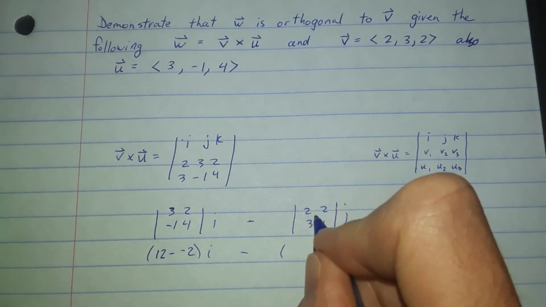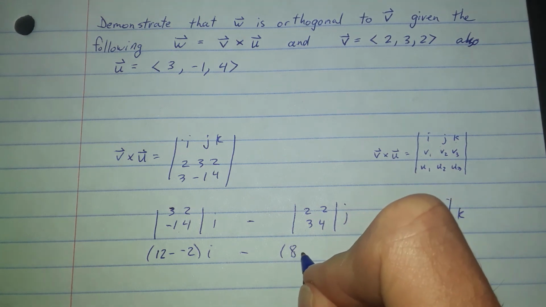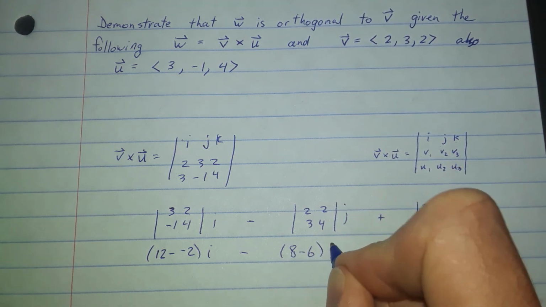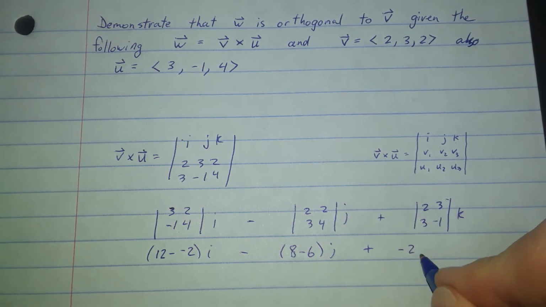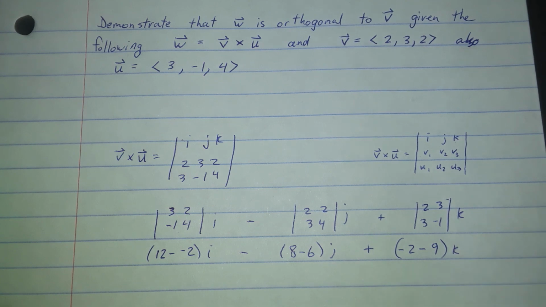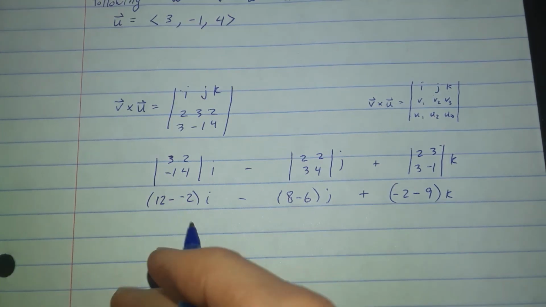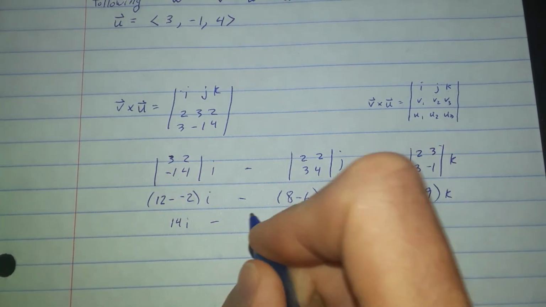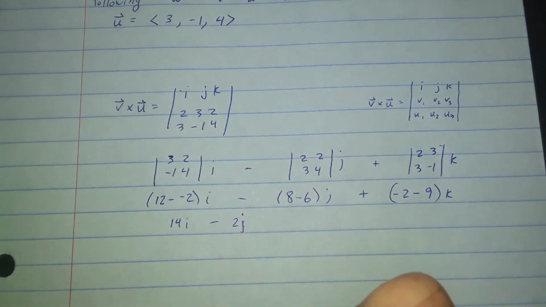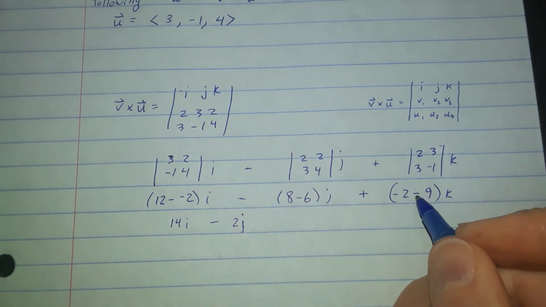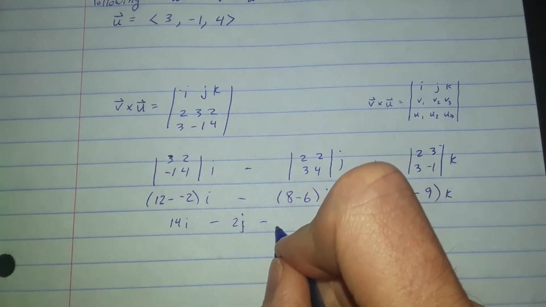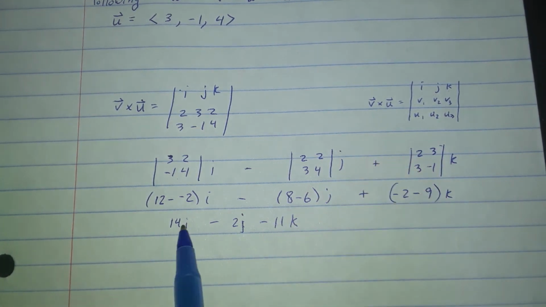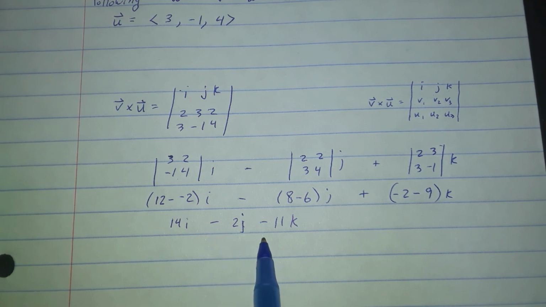And then we're going to look at 2 times 4 is 8, minus 6, j, negative 2, minus 9 is k. So now I have 12 plus 2 is 14, 8 minus 6 is 2, and then 9 ends up being plus 2. So I have 14i, negative 2j, negative 11k.